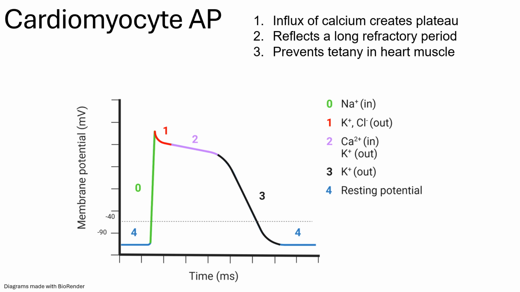And that's what causes this plateau. That's what keeps the cardiomyocytes positive for a longer period of time. The plateau prevents the cardiomyocyte from having another action potential right on top of the first. So basically, the plateau makes it so that a cardiac muscle fiber has to wait before it can contract again.